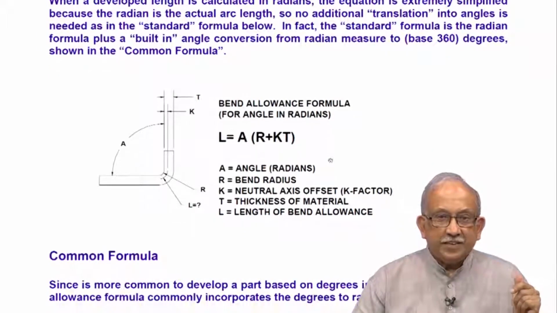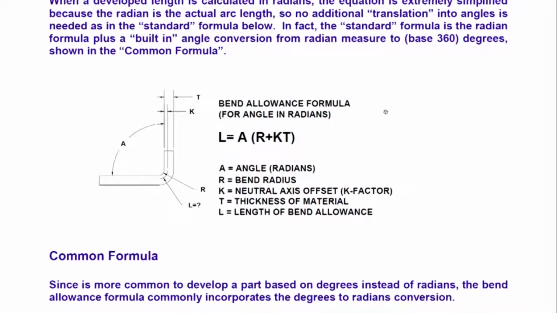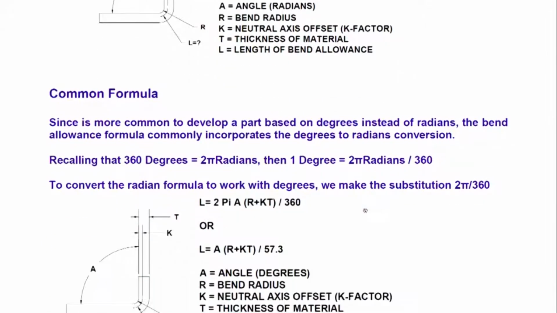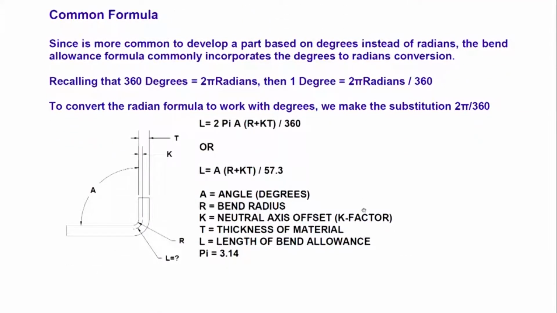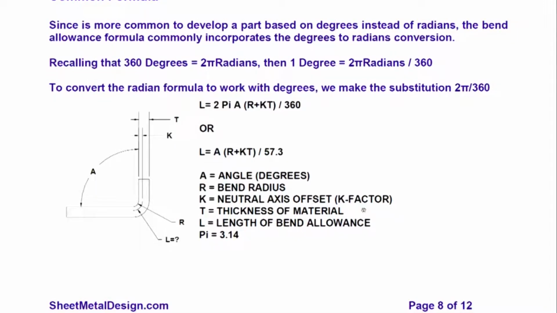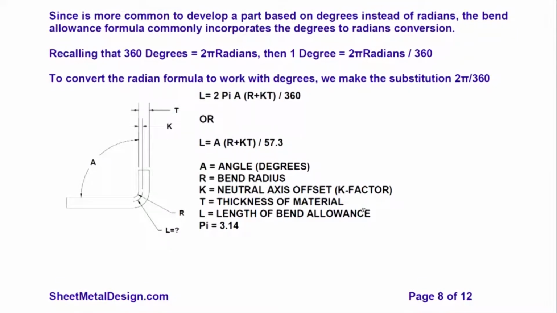In that case, talking about angles in radians does not make sense, but here A is the angle in radians, and then how to come back to making things understandable, I will cover in one of the other lectures.